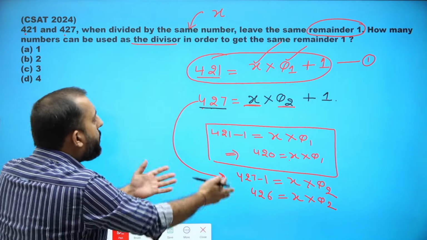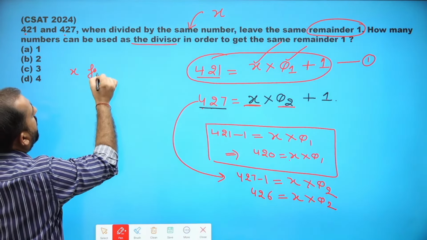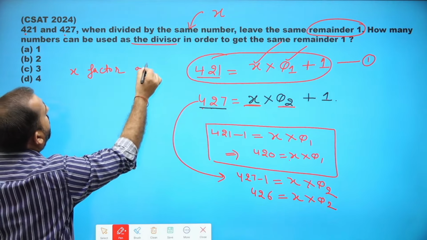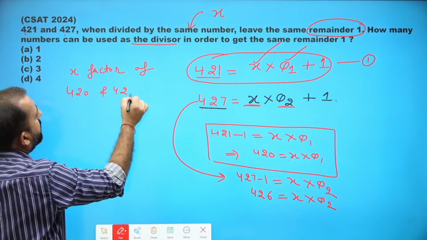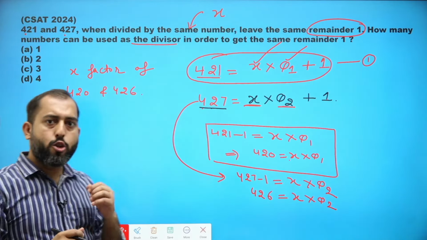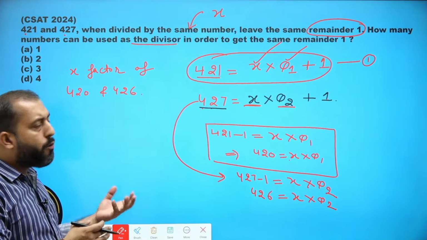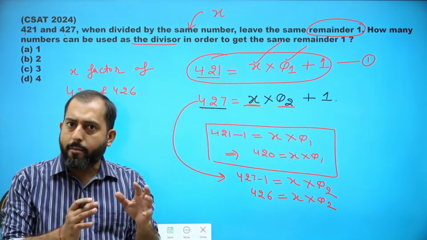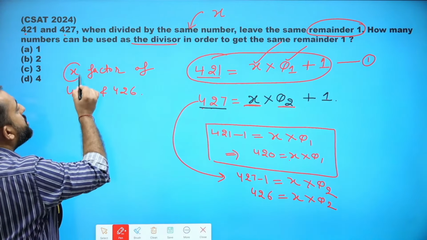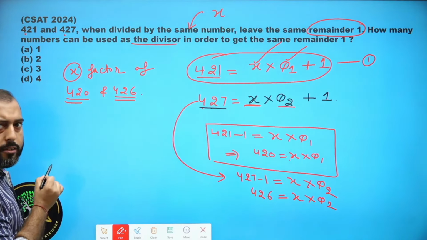So from here, I can say x should be a factor of 420 and 426. Since both of these x are the same, this x must be a common factor of 420 and 426.